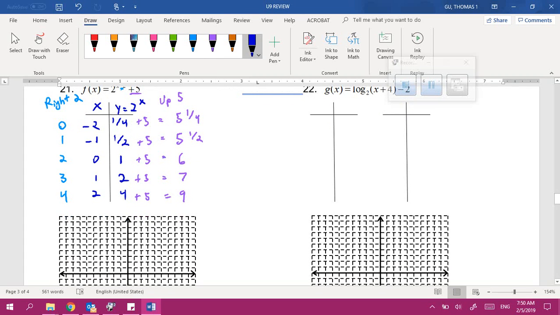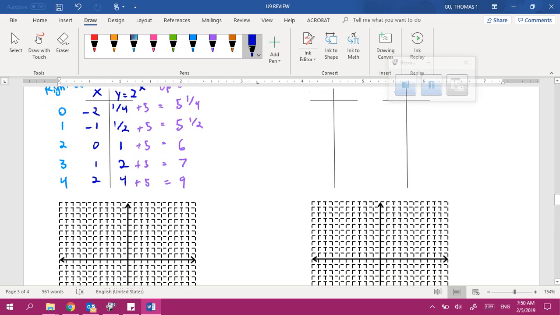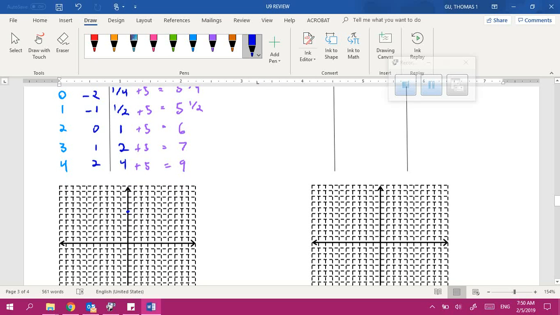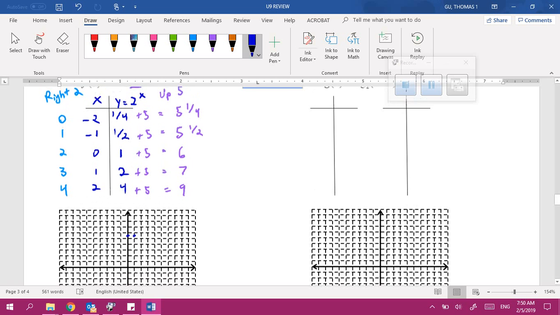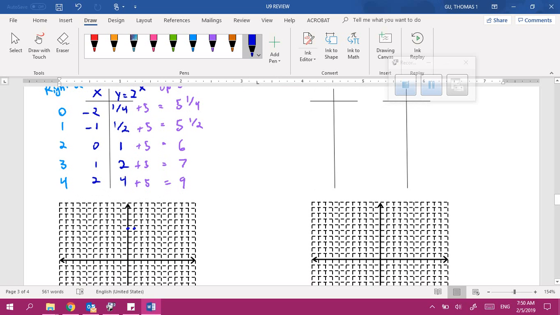We got 0, 5.5. Wow, this graph looks weird. Okay, 1, 2, 3, 4, 5, and a 4th right there. All right, 1, 5.5. This is pretty hard to differentiate. 2, 6, 3, 7.